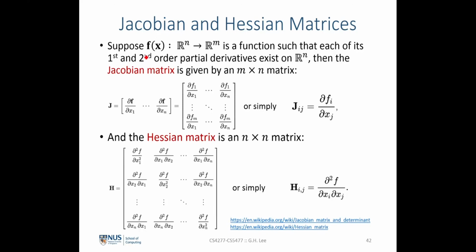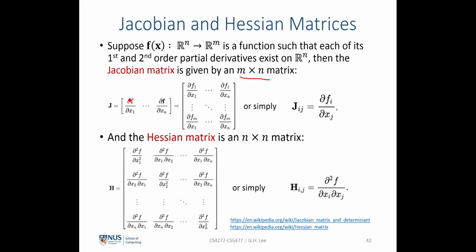Now suppose that we have a function f of x which maps an n-dimensional vector into an m-dimensional vector, and we further assume that the first and second order derivatives exist on the n-dimensional space. Then the Jacobian matrix is given by an m by n matrix of this particular form. It takes in an n-dimensional vector and outputs an m-dimensional vector.